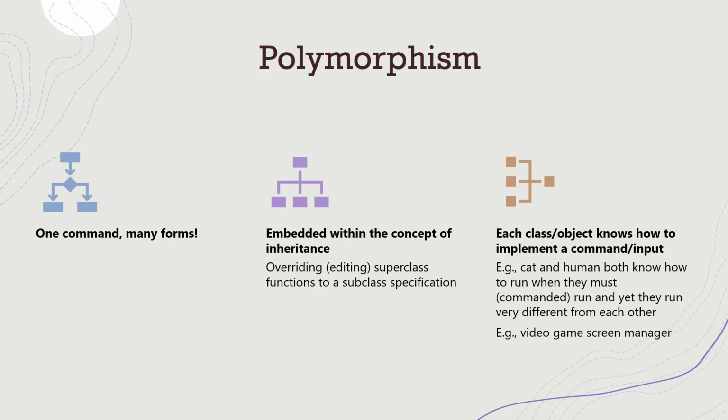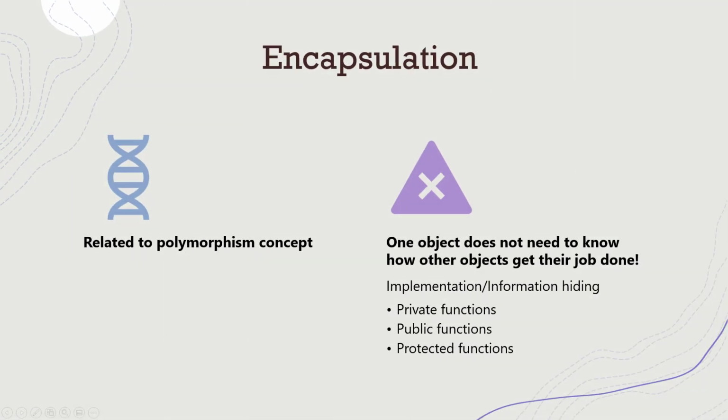In the life kingdom, when an earthquake hits, cats know how to run and a human knows how to run as well. The command here is to run, but the command will take many forms when it is implemented by different objects that exist within a given environment. The concept is related to polymorphism where one command takes many forms.